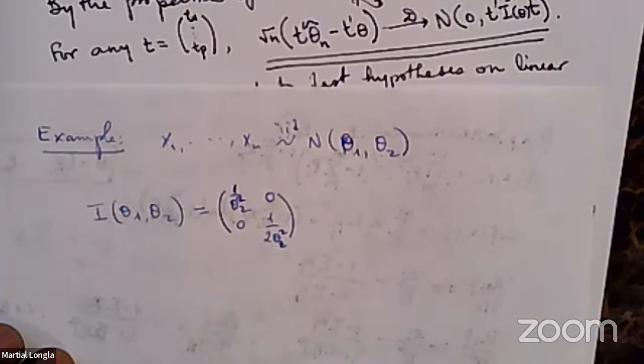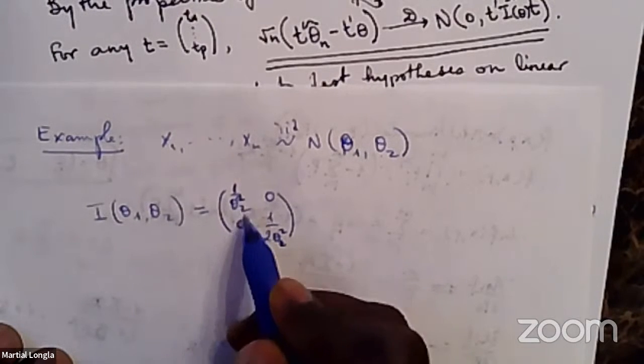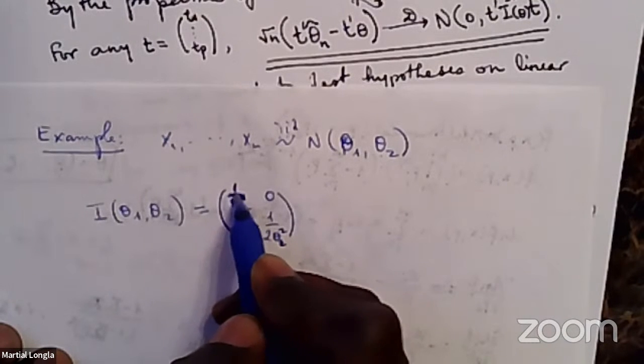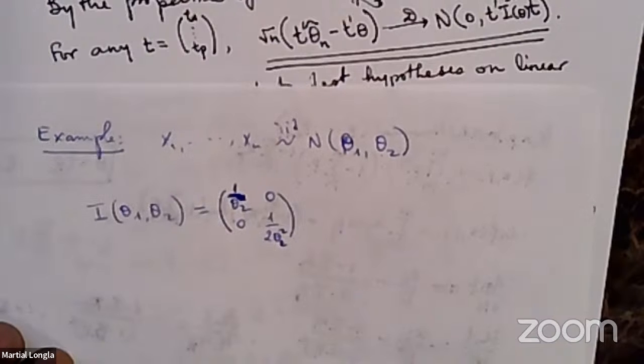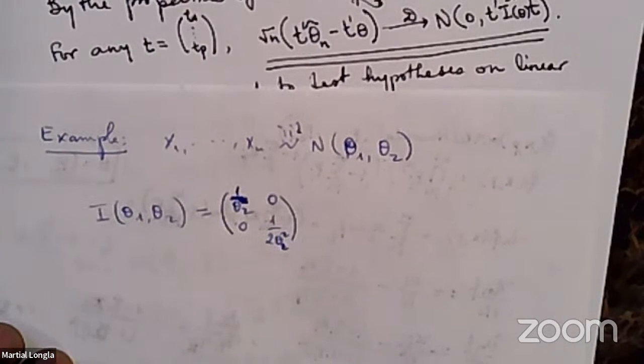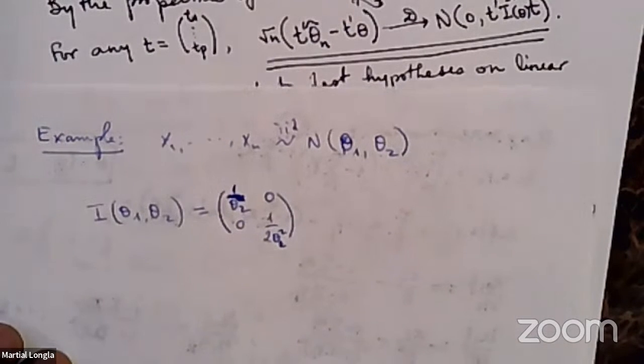My handwriting is very bad, so I have to redo stuff again. I don't see that it's squared. In my notes, there is no square there. I just have 1 over theta 2. Okay, because the Fisher information of the mean is 1 over the variance. That is justified, and the variance is theta 2.